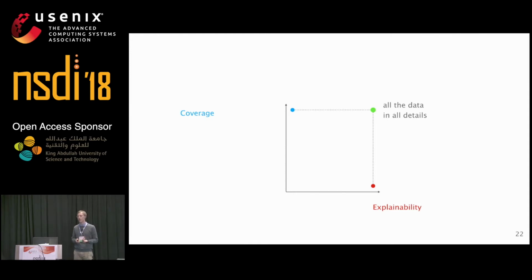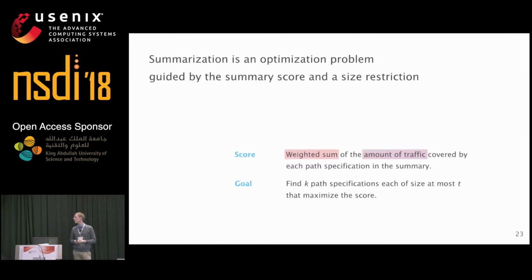So we somehow need to be able to restrict the size of the summary. And this we do by allowing the operator to tell us how big of a summary she wants. So we rephrase the goal to being find k path specifications of size at most t. By this, we restrict how many path specifications we have in a summary and how big those path specifications are.